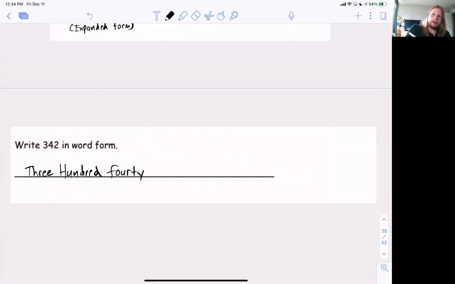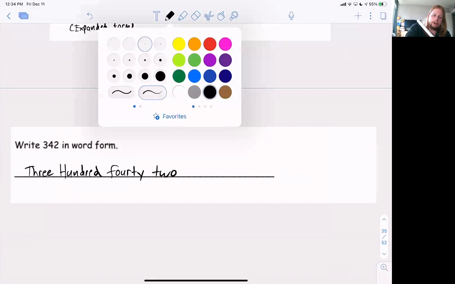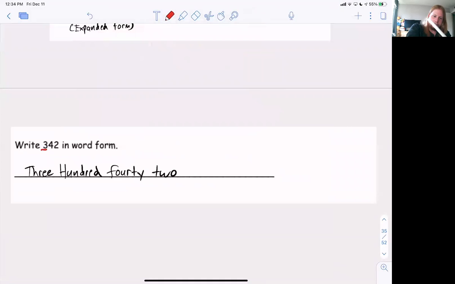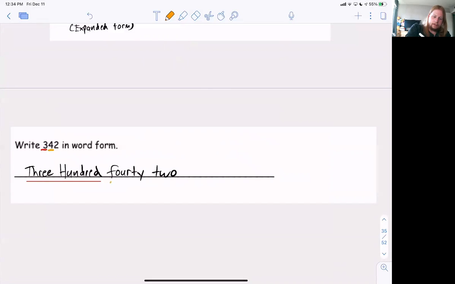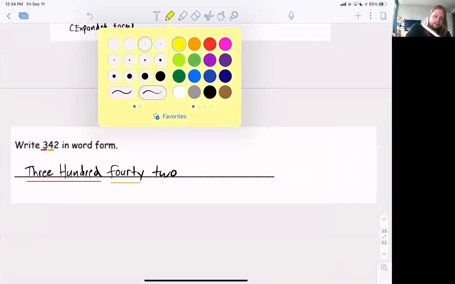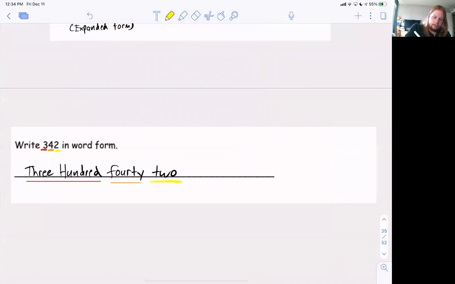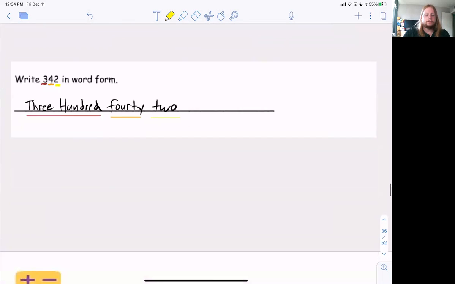And then 342. So I want you to notice that each number had its own word. Oh man, that yellow is bright. Hopefully you guys can see that.